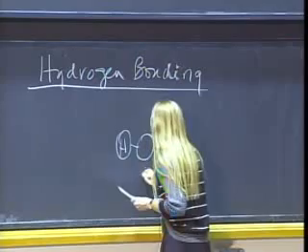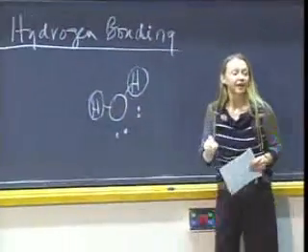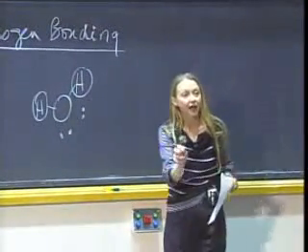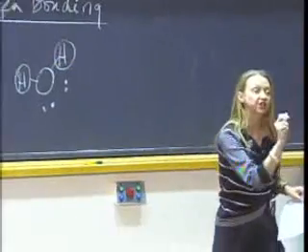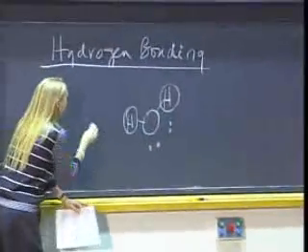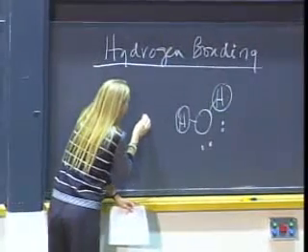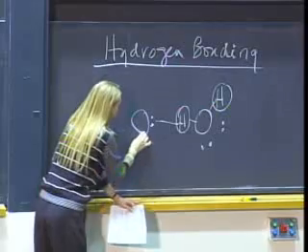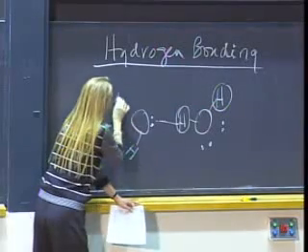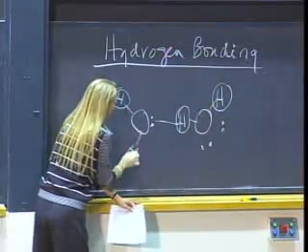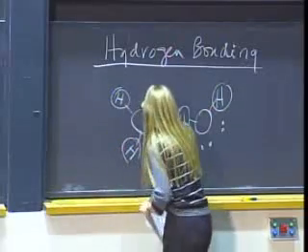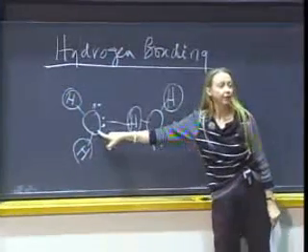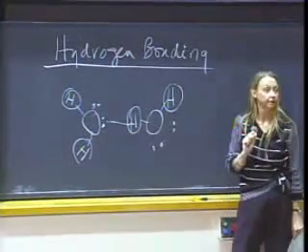We got two lone pairs. But in hydrogen bonding, you've got bonds between molecules. This is intermolecular bonding. And what happens is that this hydrogen here will interact very strongly with the lone pair electrons here on its neighboring oxygen, forming a bond.